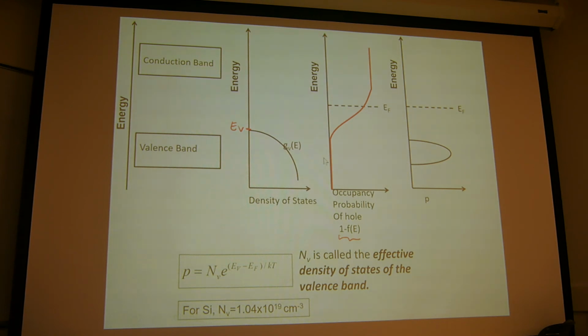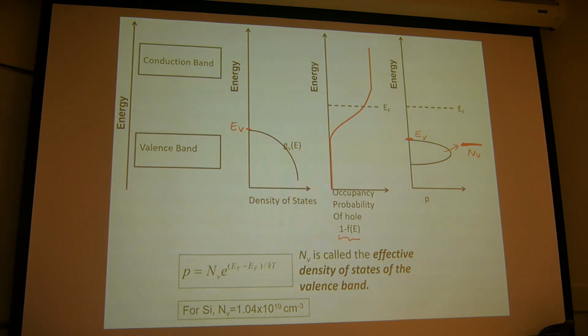And again, you can do the integration. This one multiplied by this one, and then you do the integration, you will get the whole distribution here. And again, you can squeeze this into a single level, and you think this single level has an effective density of states NV. Then you get the hole density, P equals NV times exponential of EV minus EF over KT.